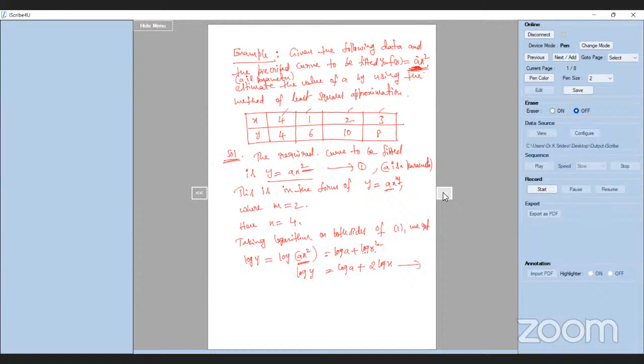Now, take equation number 2. So now we have to convert this into the linear form.